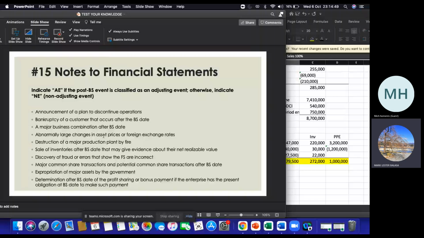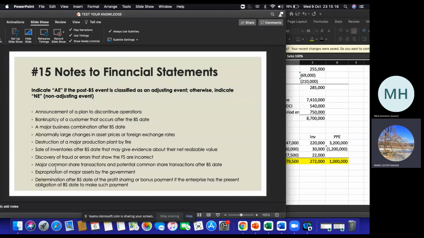Abnormally large changes in asset prices or foreign exchange rates, non-adjusting as well. Okay? Destruction of a major production plant by fire, non-adjusting pa din. Sale of inventories after BS date that may give evidence about their net realizable value is considered adjusting event. Alright? Discovery of fraud or errors that shows the FS are incorrect, adjusting event as well.